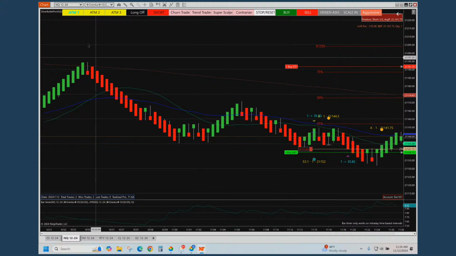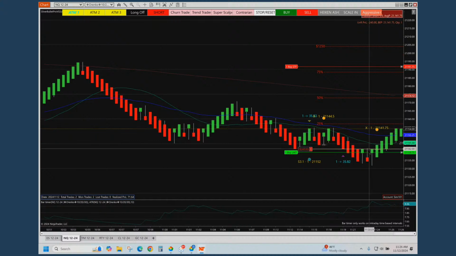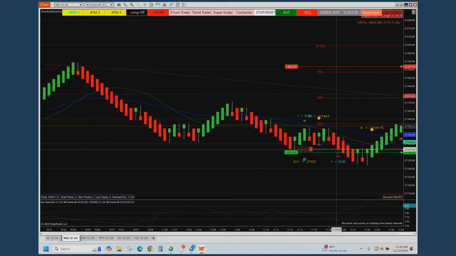I'm defensive, not using two or 3 contracts, trading only with 1 contract, because this is the kind of pullback we should avoid. When you expect this kind of pullback, when the market is at day low, if you use more than 1 contract, you'll see a lot of negative numbers here, which is not good.